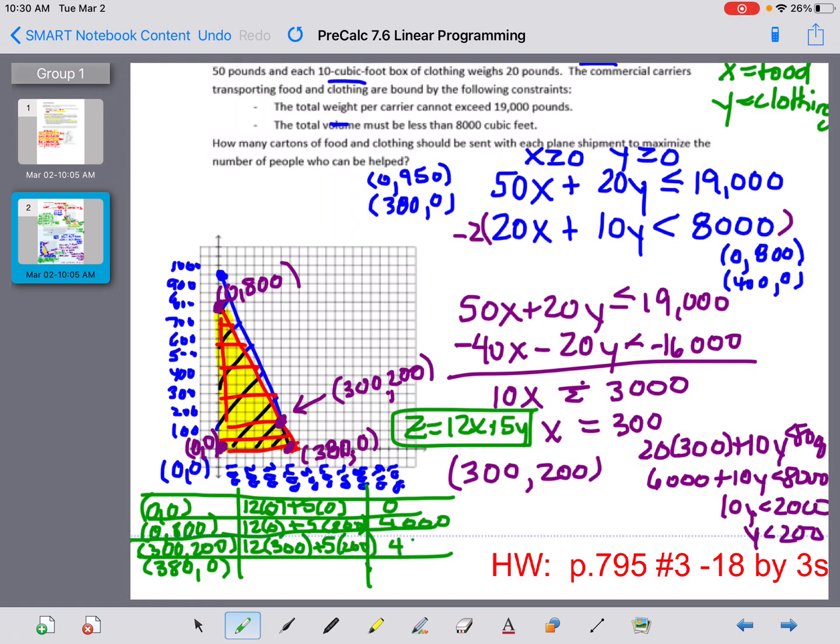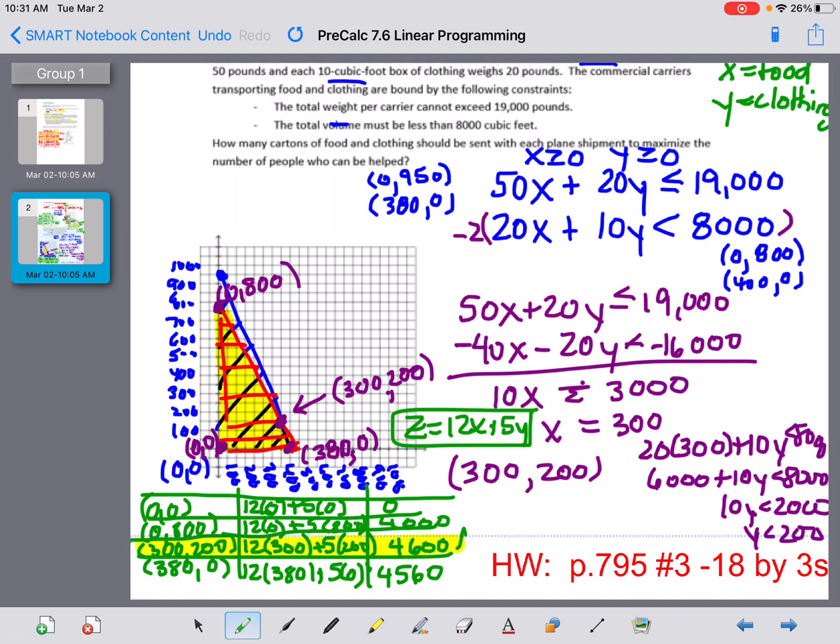I can help 4,600 people with that one. Or in the last one, 12 times 380, plus 5 times 0, that's 4,560.